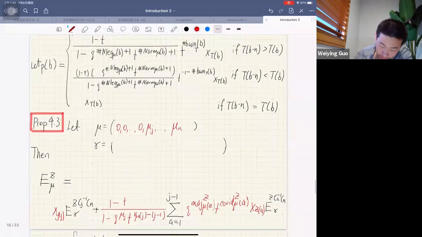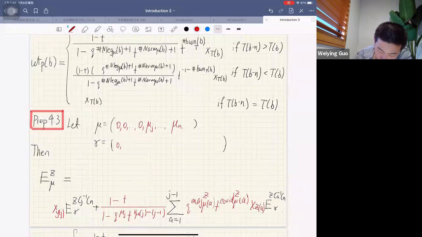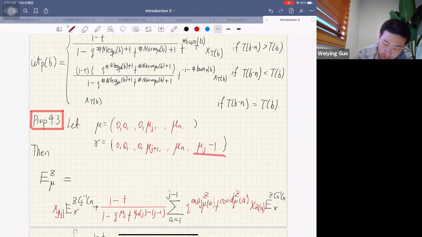Then we define gamma to be 0, 0, 0, and mu_j plus 1, ..., mu_n, and mu_j minus 1. So we remove a box here. In this entry, we have removed a box.